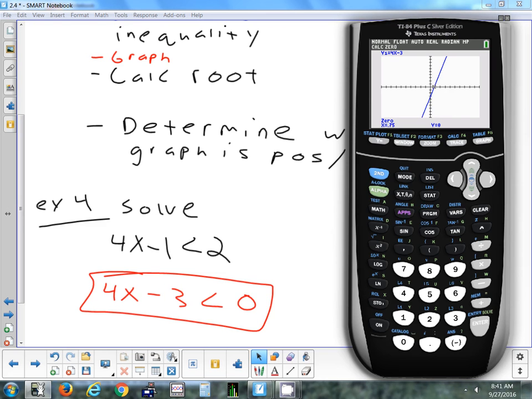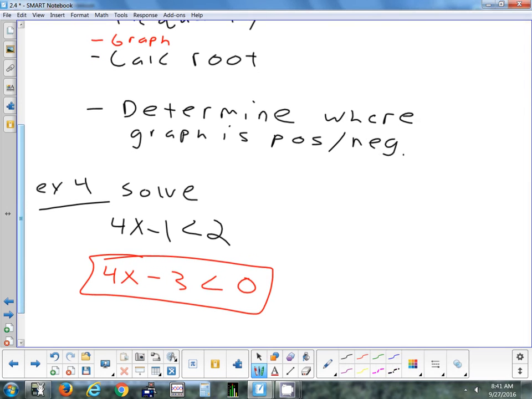So how about Quinn? How would I write that as an interval? It's parentheses. Yep. Negative infinity, yeah, good. Negative infinity up to 0.75.